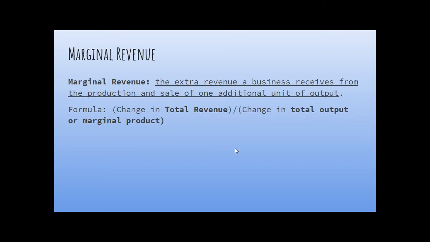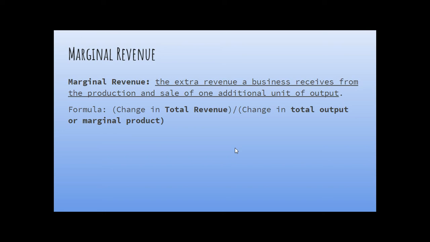All right, marginal revenue is the extra revenue a business receives from the production and sale of one additional unit of output. If you're struggling in the back, I'll read out the definition.